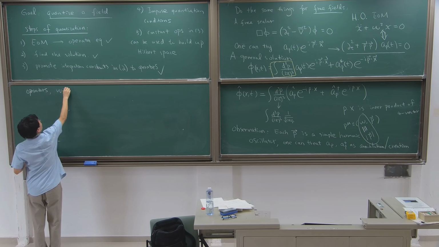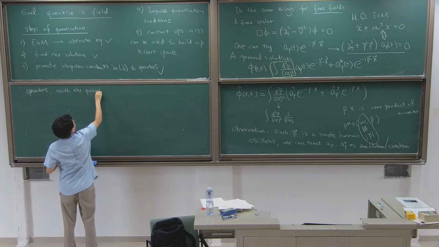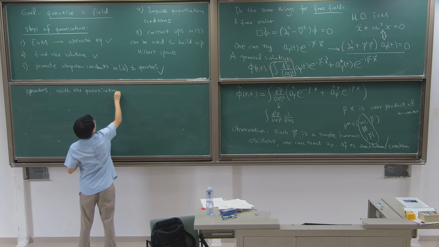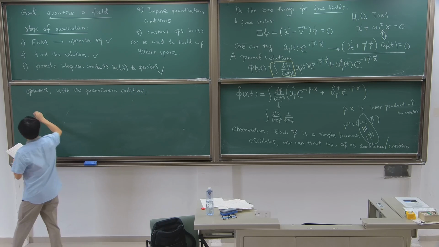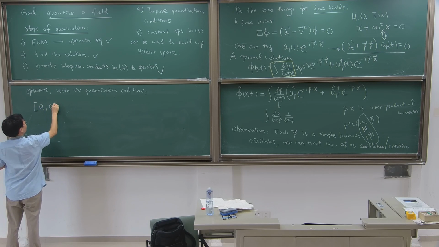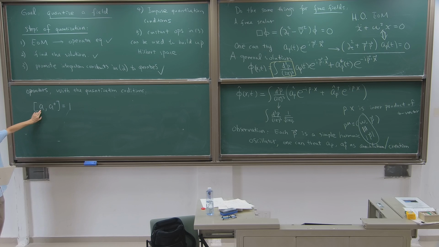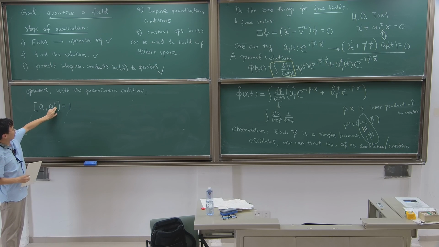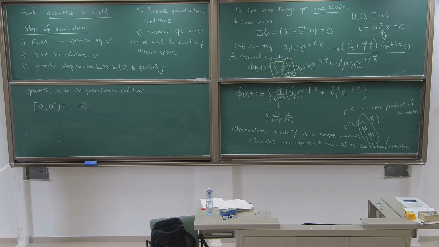With the quantization condition, as the form, we just try to get inspired from the harmonic oscillator. Let's write the harmonic oscillator form. In the case of the harmonic oscillator, we get a commutator of a with a dagger equal to 1. Now, we want to promote this. We treat it for each given p, for different p, we have such a structure.